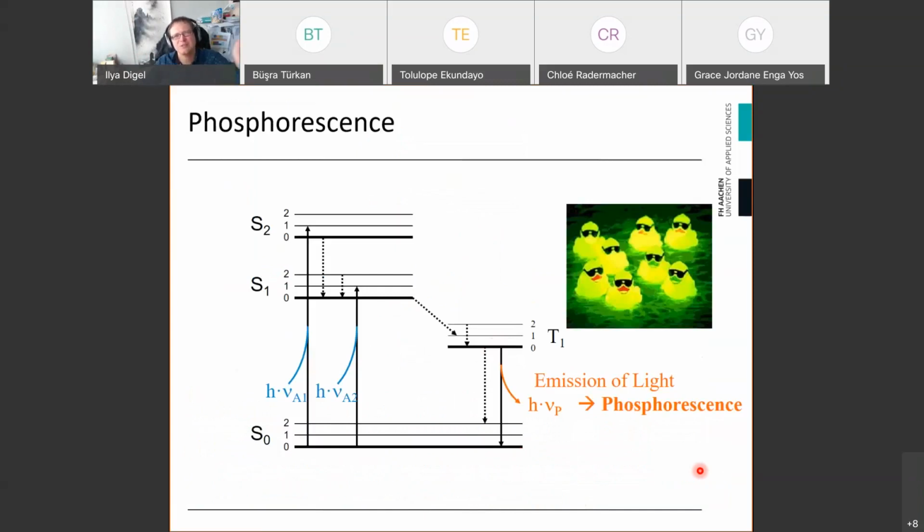And this is a phenomenon, again, most of you are familiar with. Lots of modern toys, watches, many indicators use this phosphorescence. When you expose something to light, in the darkness, it will produce light with delay.